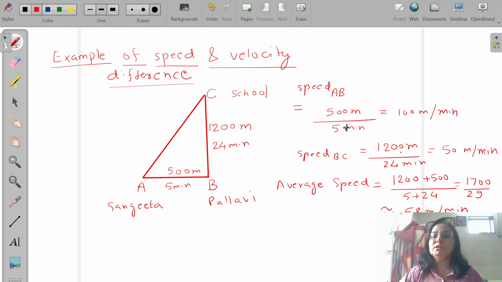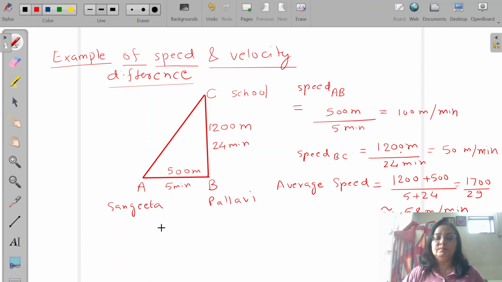Yes, because the denominator in both the speeds are different. It's 5 minutes, it's 24 minutes. So we cannot average it out by adding 100 plus 50 divided by 2 because the denominators are different. So average speed will be addition of total distance upon addition of total time.